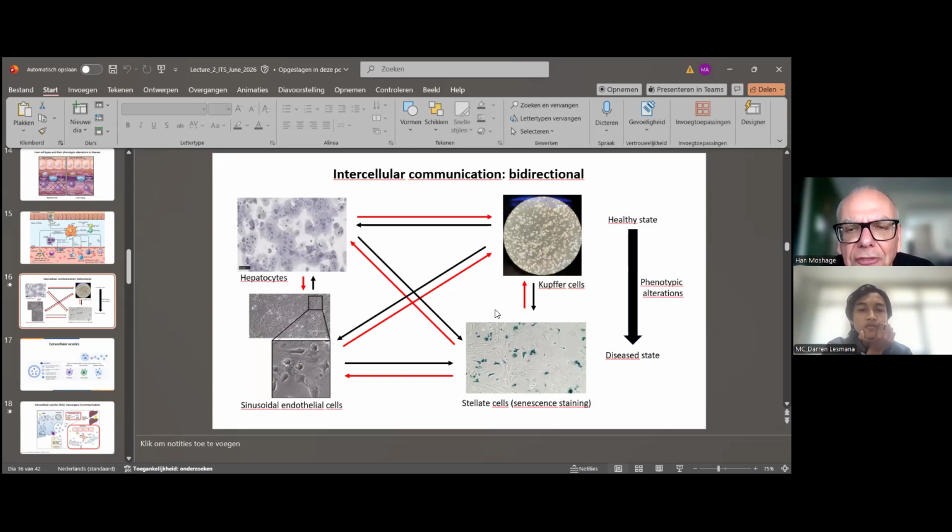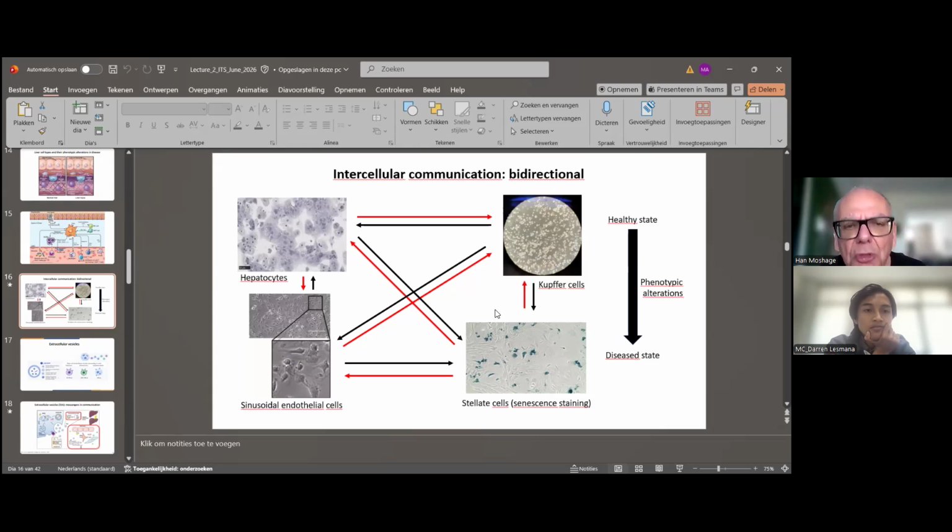Kupffer cells are a little bit different because they also look very much in their morphology like the endothelial cells, and the main contaminant in Kupffer cell cultures are endothelial cells. So for Kupffer cells, we use an immunofluorescence staining with CD63, which is a surface marker on the membrane of Kupffer cells, or CD61, I think. And another marker is CD136. It depends on whether you are looking for human, rat or mouse Kupffer cells.